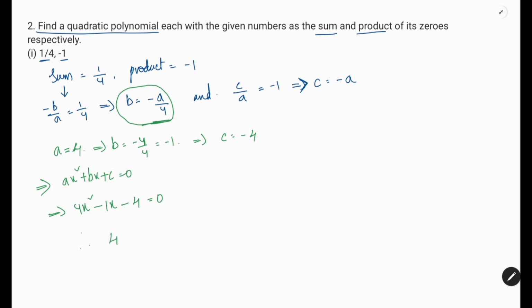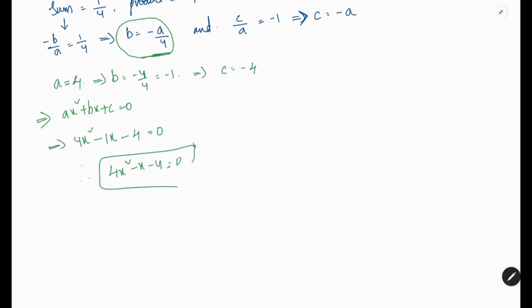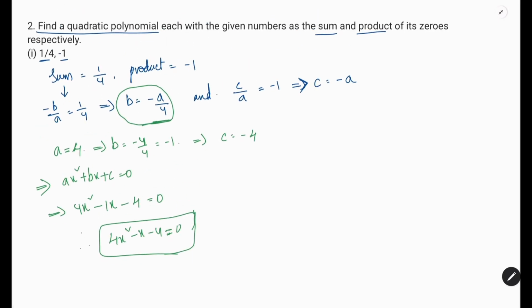So the quadratic polynomial is 4x square minus x minus 4 equal to 0. Now the next one, see, this is the sum, this is the product.